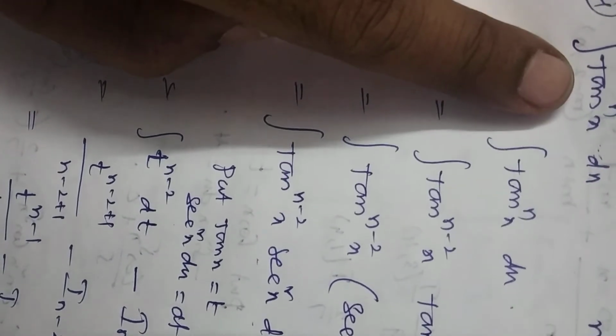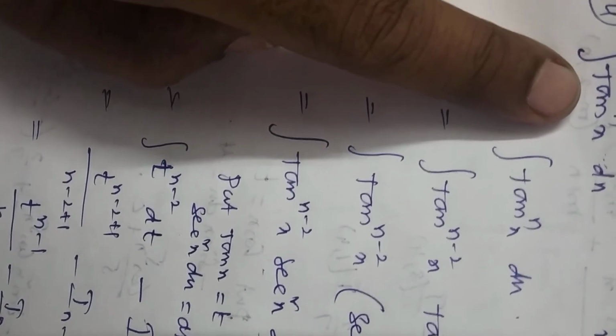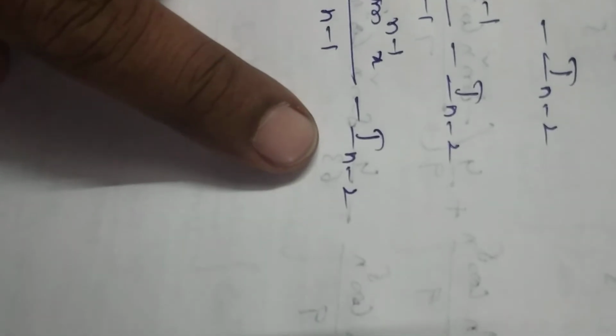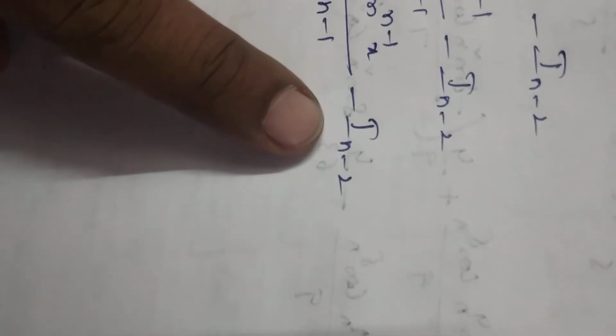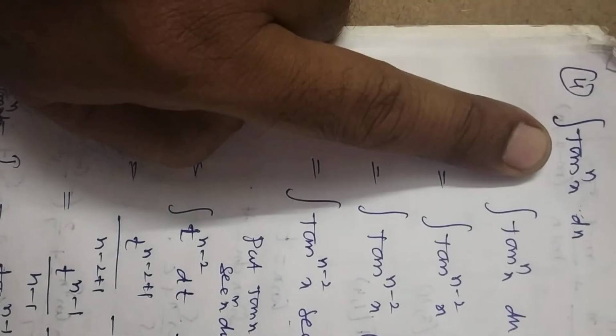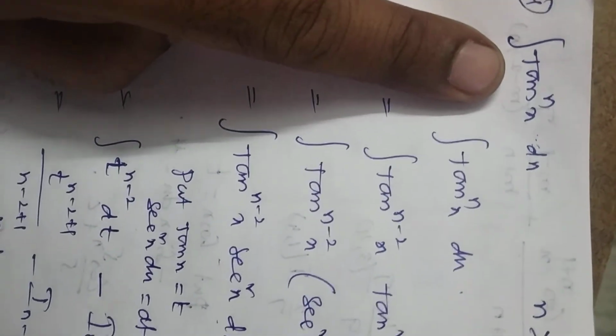Again, if n is odd, suppose n is equal to 5, so in this formula 5 minus 2, I_3, next 3 minus 2, I_1 means tan x. So for tan x, what formula do we have? The integration of tan x dx is equal to log of secant x plus c. Like that we can apply.